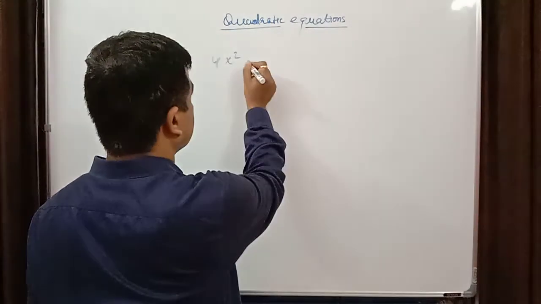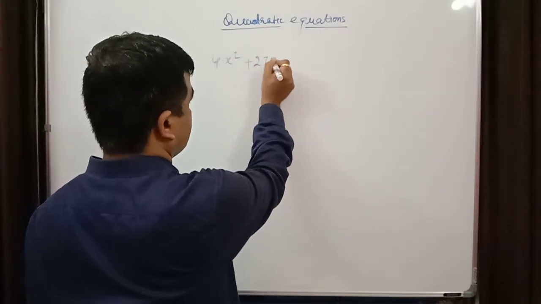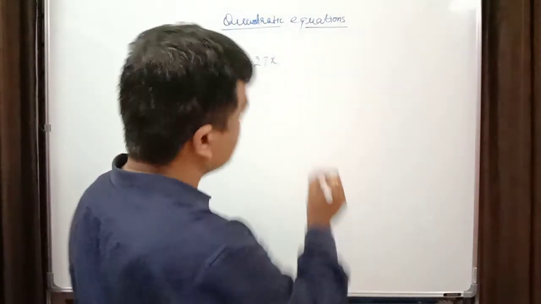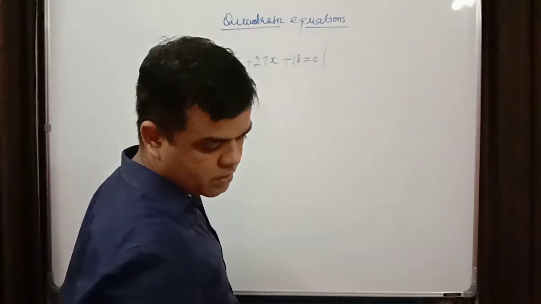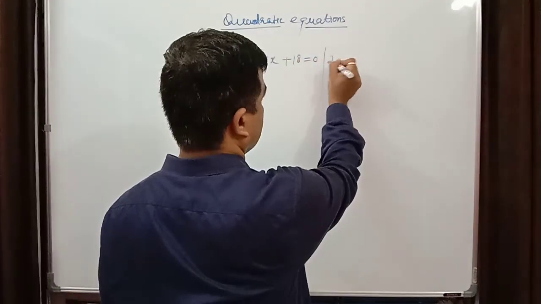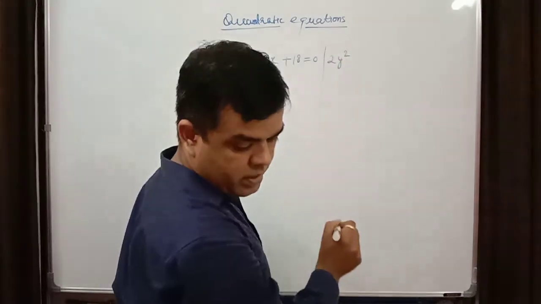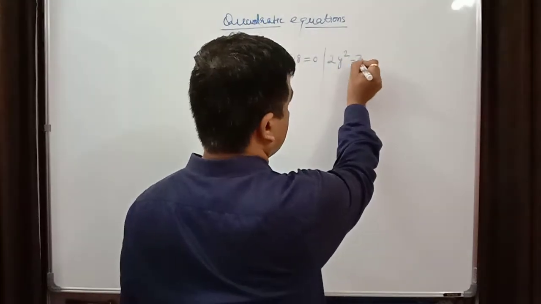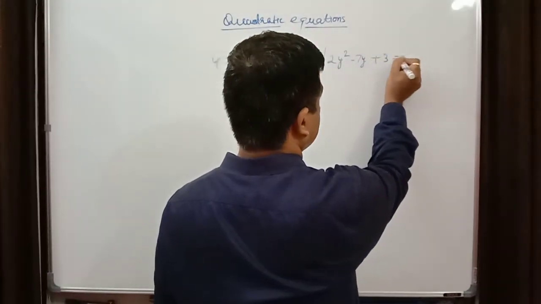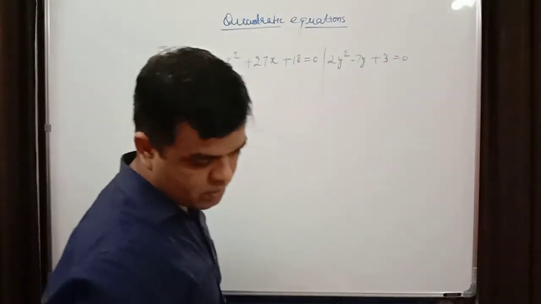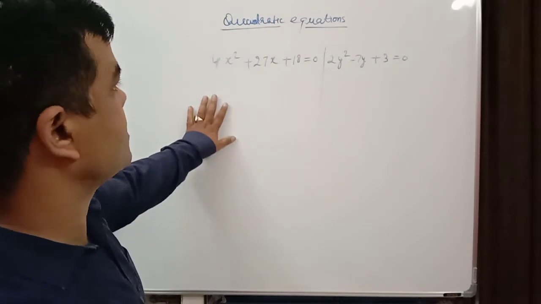4x square plus 27x plus 18 is equal to 0. 2y square minus 7y plus 3 is equal to 0. Okay, so now pay attention.